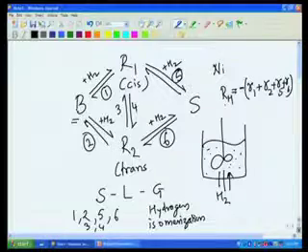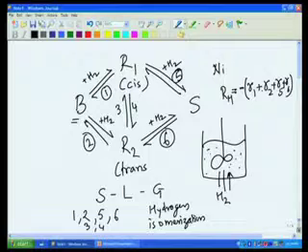So, the net rate of hydrogen consumption must be the summation of all these rates.